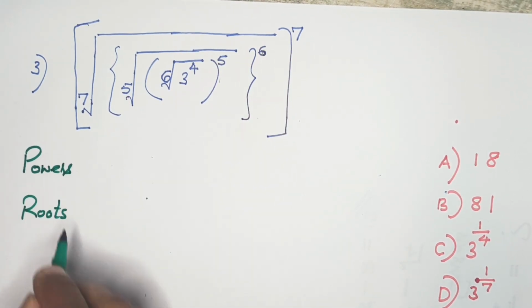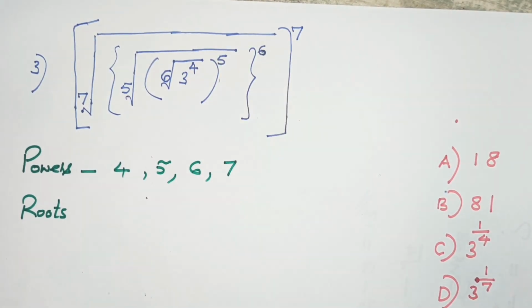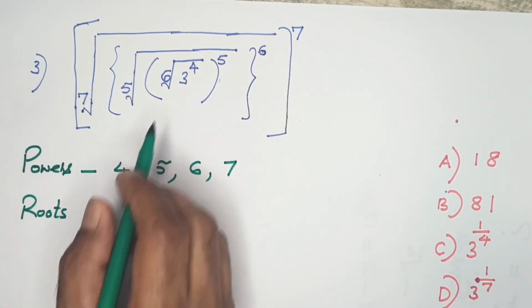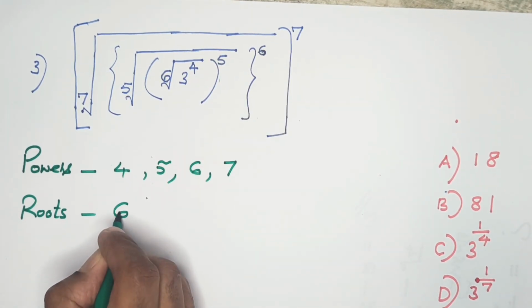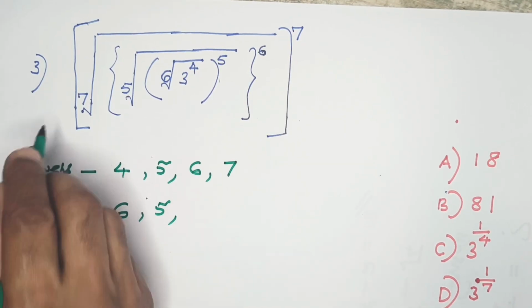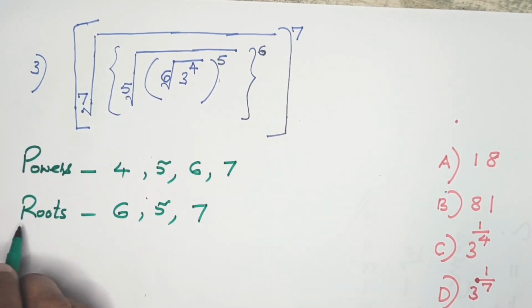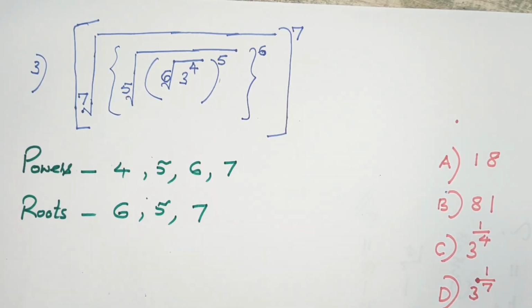See, which are the powers here? 4, 5, 6, and 7. And which are the roots? See, this means sixth root. So let me write that 6. Fifth root. I'm writing 5. Seventh root. So these are the roots and these are the powers. There are 4 powers and 3 roots.